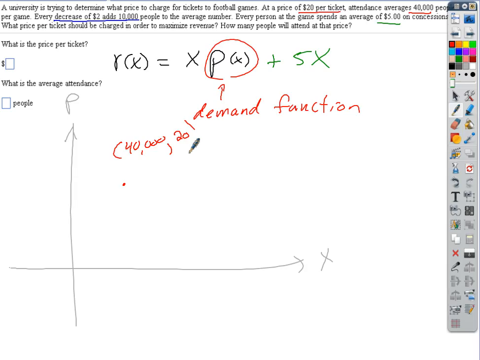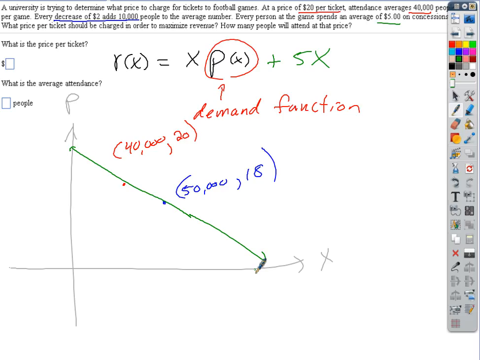Right? We're adding 10,000 people. So we're going to have another data point out here somewhere with coordinates 50,000, $18, right? And what we're looking for is just the equation of that line through those points. But it's just a line. It's no big deal, right? So we know that the slope of this thing is what?